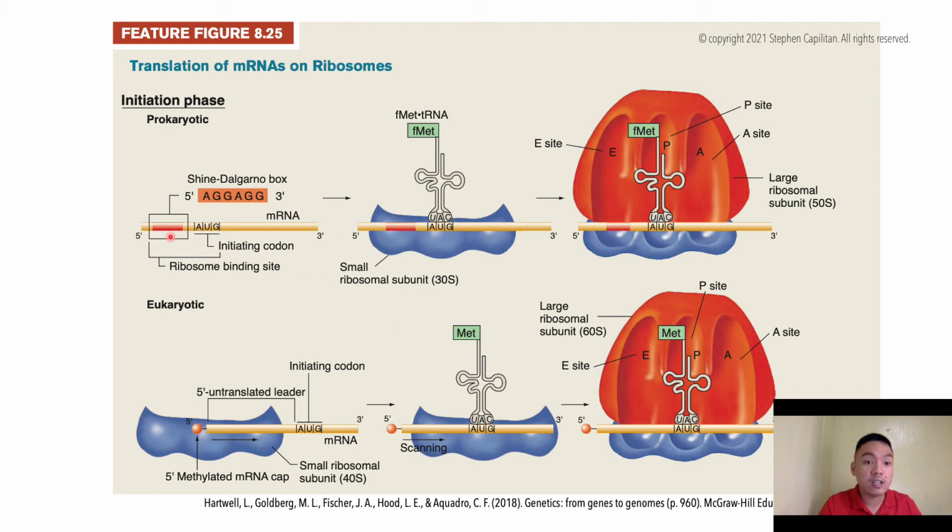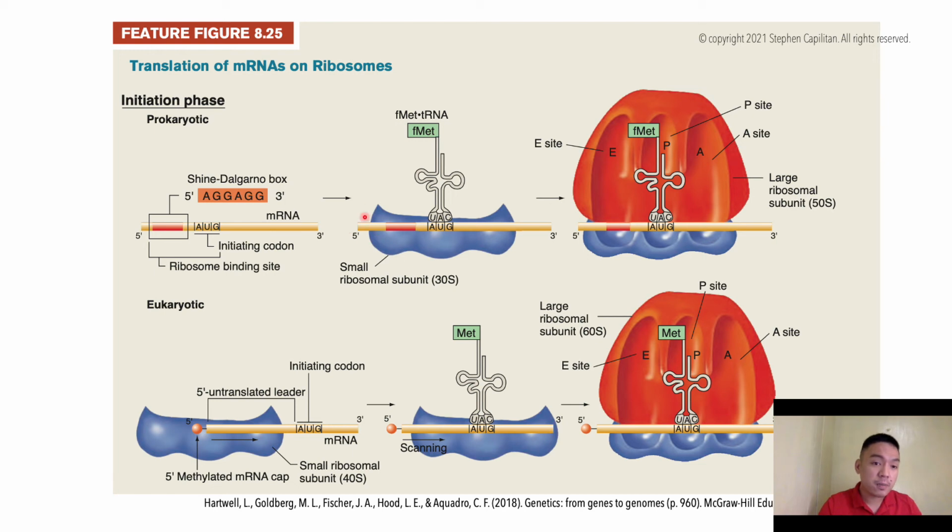We call this the Shine-Dalgarno box, a sequence of nucleotides, AGG. There is an initiating codon, or the AUG. This AUG is carrying your F-methionine. In eukaryotes, it is methionine, but for prokaryotes, it's F-methionine.